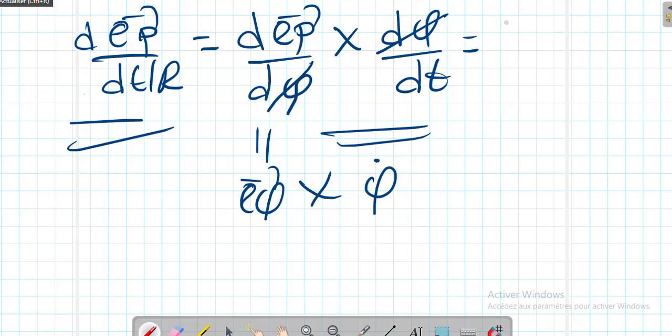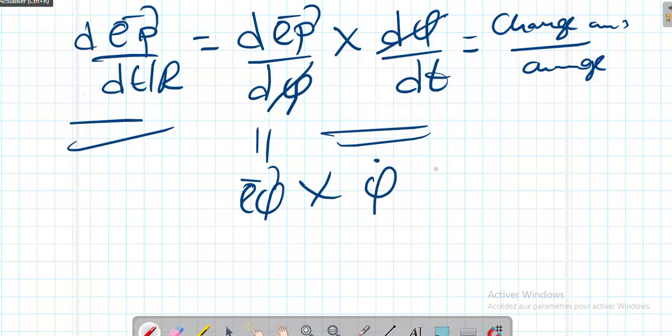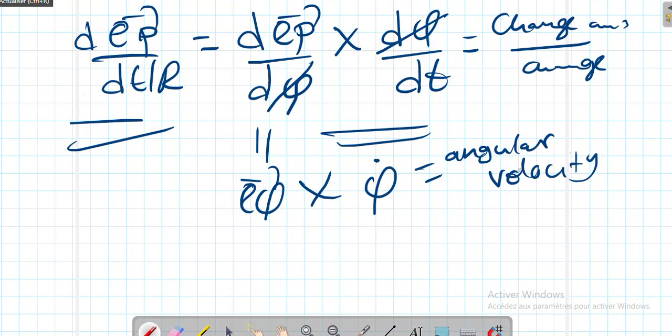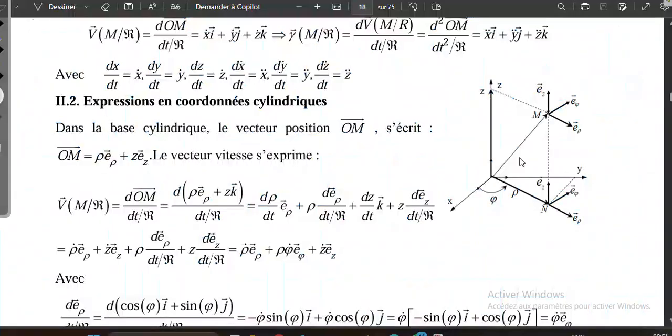For people who joined us in the first session, we said the change of angle with respect to the change in time is none other than angular velocity, or vitesse angulaire in French. If displacement over time gives us velocity, then angle over time gives us angular velocity. So phi power is none other than the change of angle. Phi is an angle.